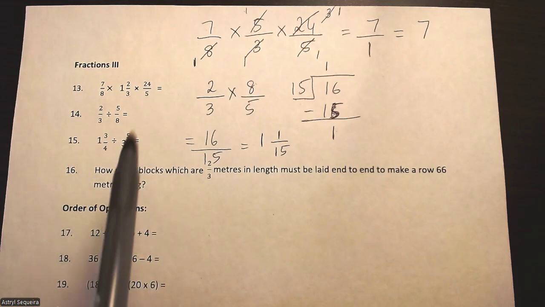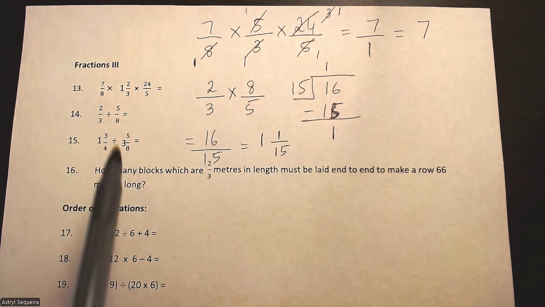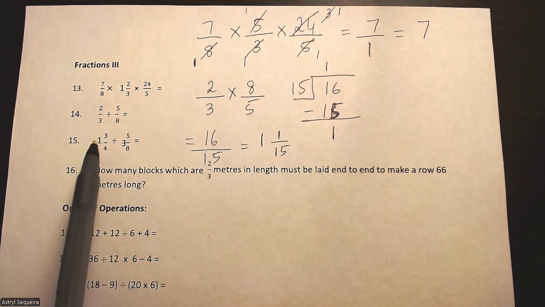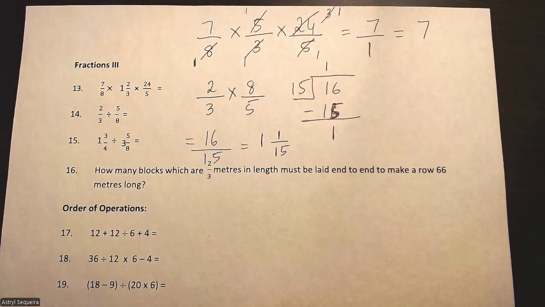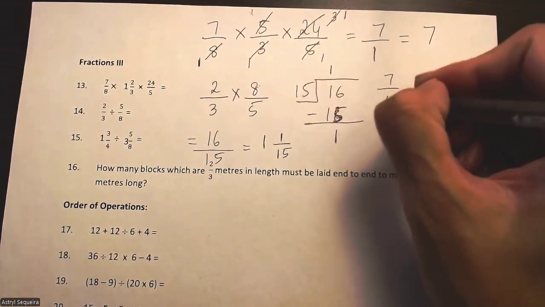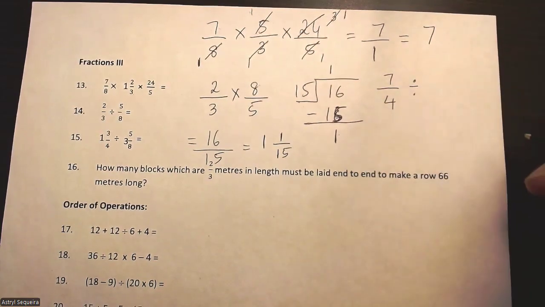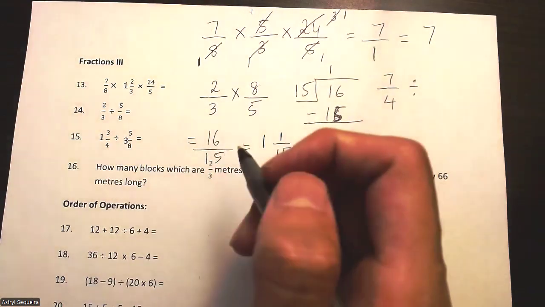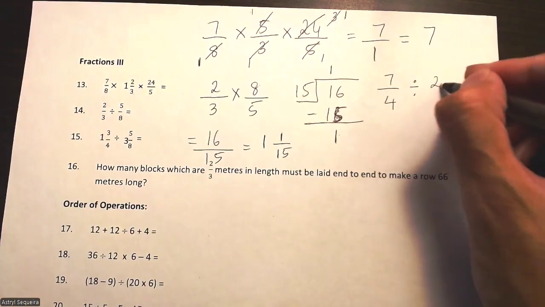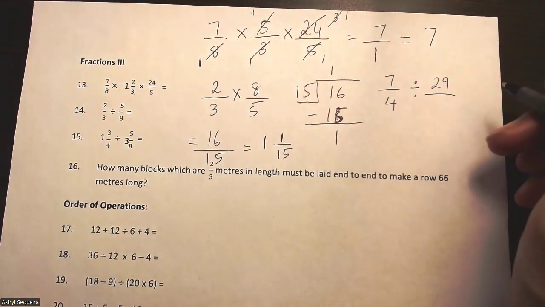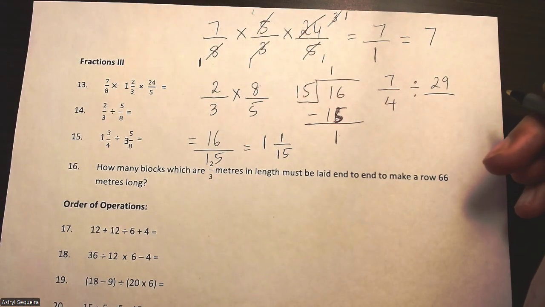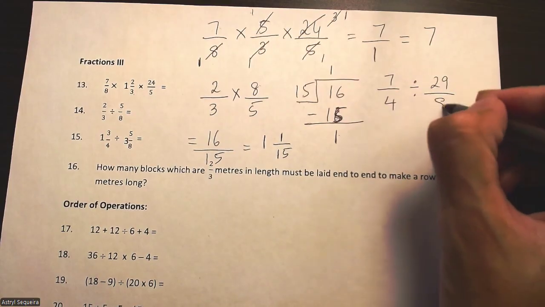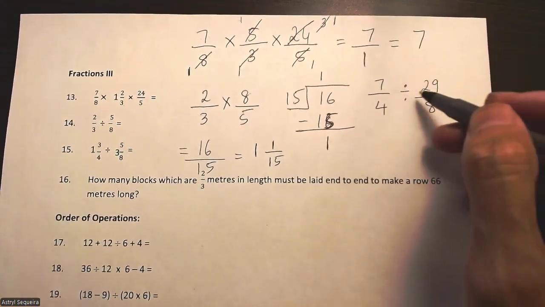That one there, same idea. Let's convert it though first. So 4 times 1 is 4 plus 3 is 7. So I have 7/4 divided by 8 times 3 is 24 plus 5 is 29. Then I'll flip it.